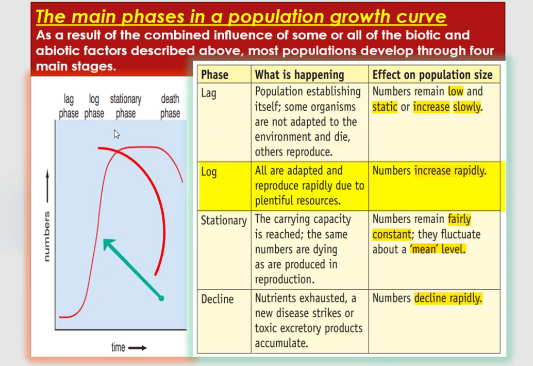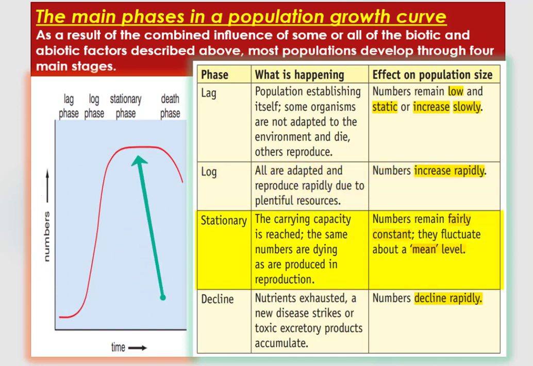In log phase, all the members that are adapted to the environment during lag phase reproduce rapidly, using all their capacity due to plentiful resources in the environment. In this case, the numbers of individuals, or population density, increase rapidly or exponentially.